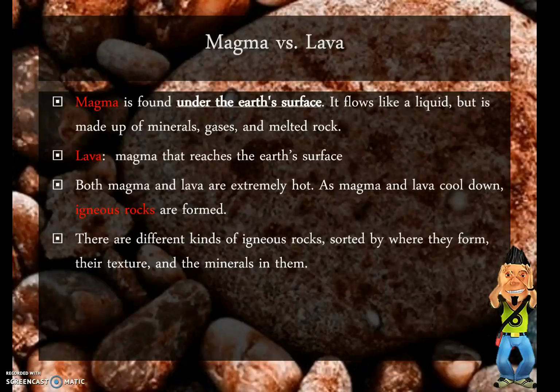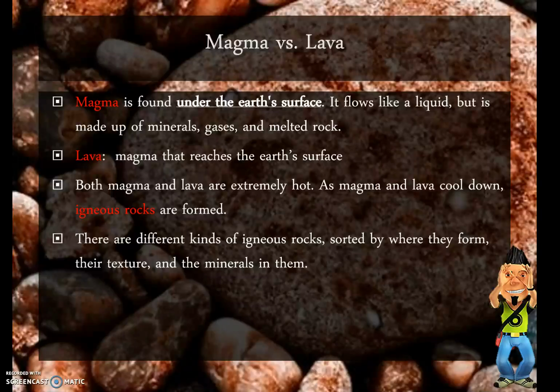So magma is found in the Earth's surface underneath the crust. You can't see it. It flows like a liquid, but it is made up of minerals, gases, and melted rock. The only difference is if that magma makes it up through a crack, such as a volcano, it's called lava. Lava is simply magma that reaches the Earth's surface.